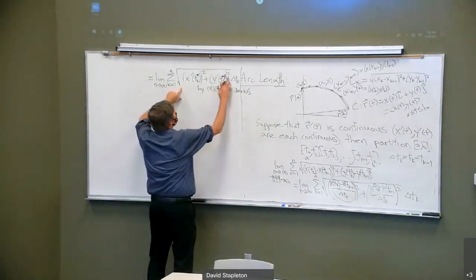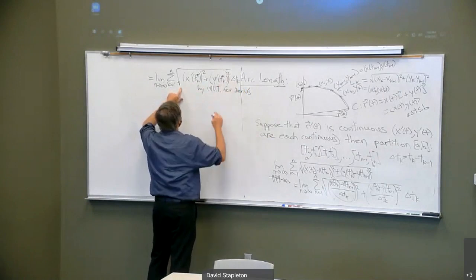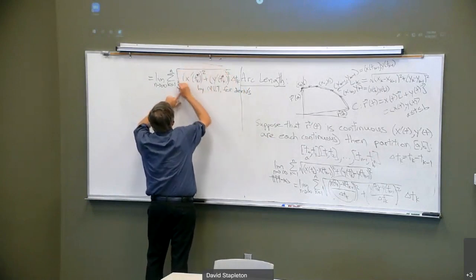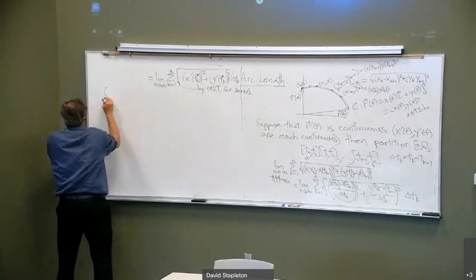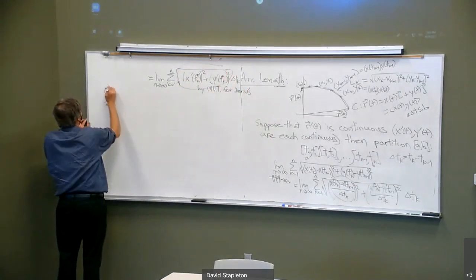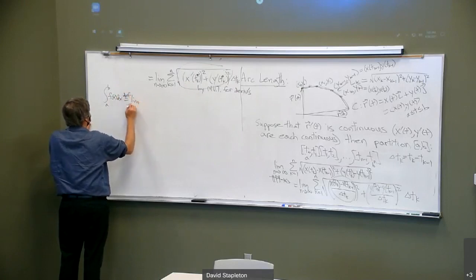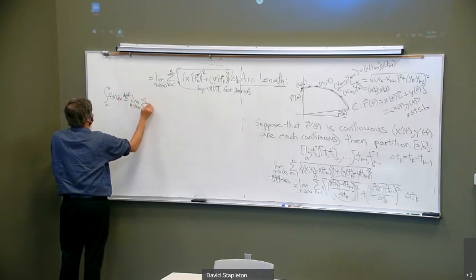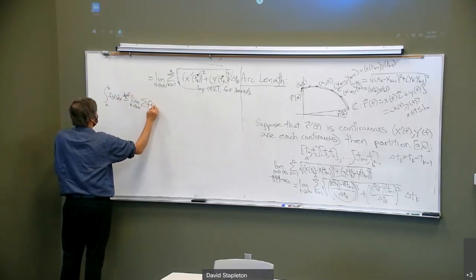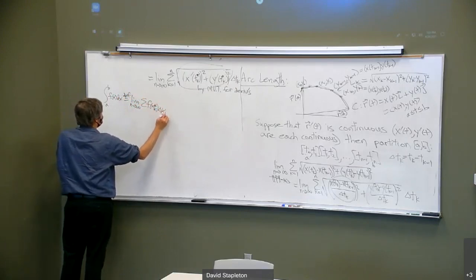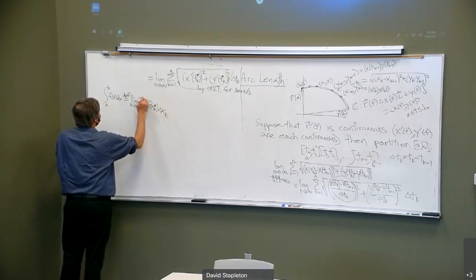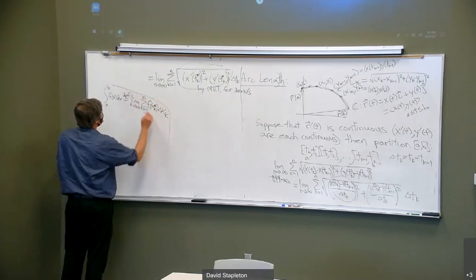Because what is this? If I take away the second star, this is the definition of the integral of this function, right? When I write the definite integral from a to b of f of x dx, what does this mean? This is notation for the limit as n goes to infinity of the sum, k equals 1 to n, of f of xk star delta xk. That's the definition of the definite integral.